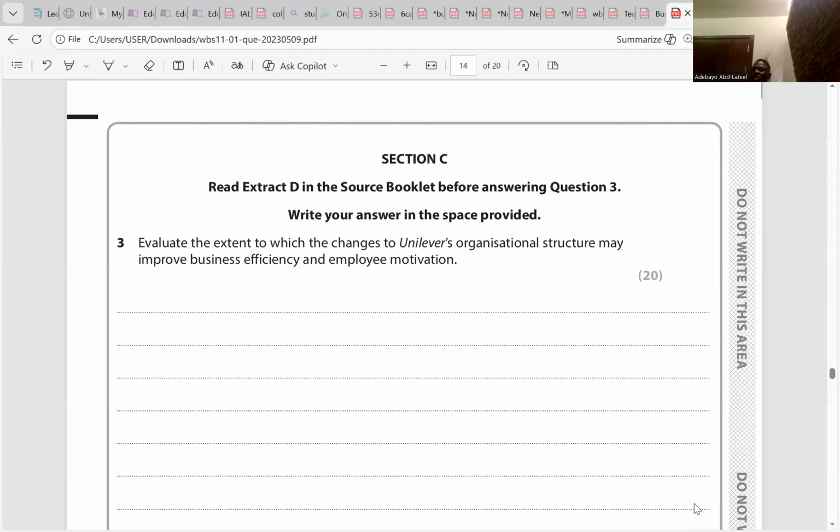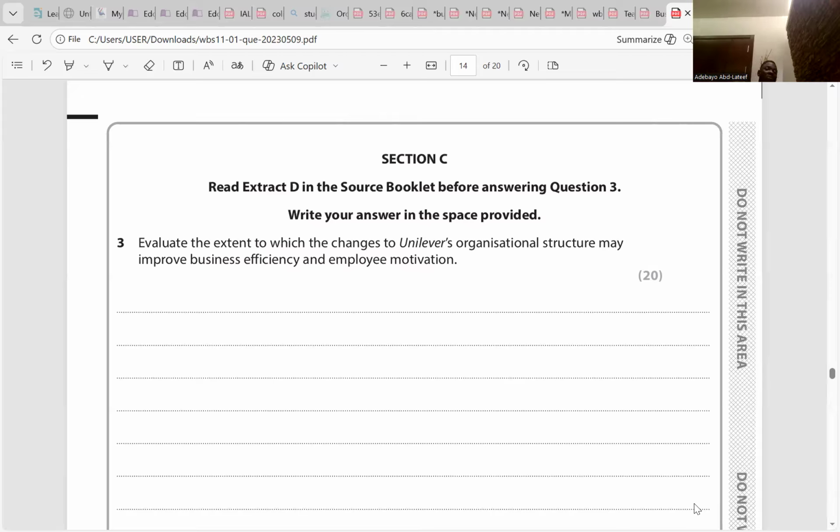Reducing the number of senior managers will shorten the chain of command, and this may help improve communication. This will in turn allow Unilever to respond to customers swiftly. Another way to improve motivation and efficiency when you shorten the hierarchy is that communication becomes faster and decision-making becomes faster.